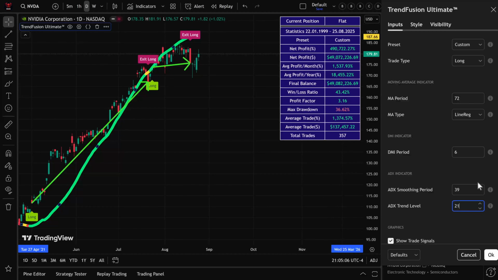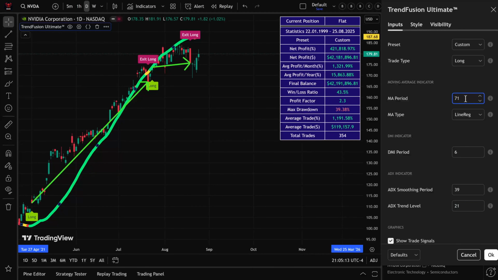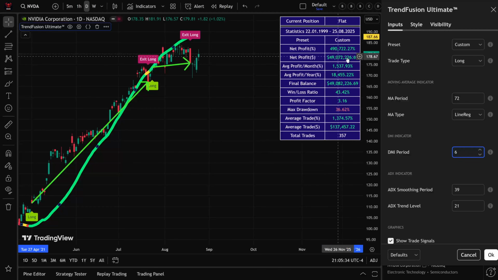Now we finish the second round, and then if we try to do it again on the third round, any change we do is not improving it, right? 71, 72 is our best, and this is not improving it, right? And so on. You get the idea, right? So any changes of these parameters do not improve our net profit, meaning we found optimal values for this indicator, for this financial instrument. So optimization completed.